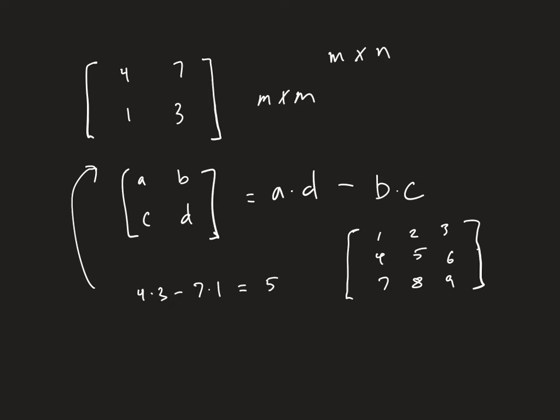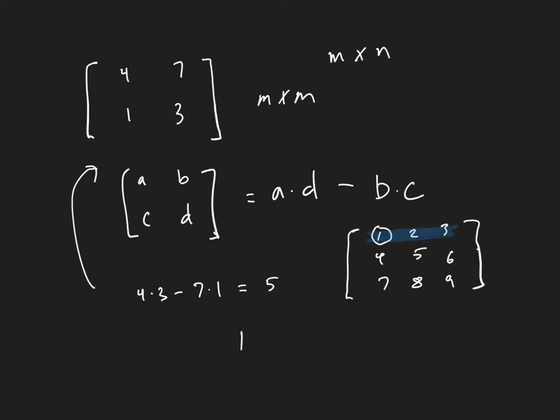Okay, so to calculate the determinant, we look at our first row, meaning 1, 2, 3. Let's start with the number 1. We choose the number 1 and write it down. Then we cross out with our minds: let's not look at anything in the same row as 1, this stuff right here.